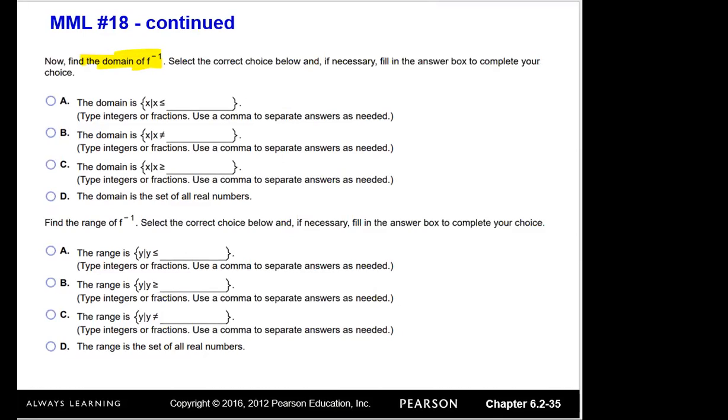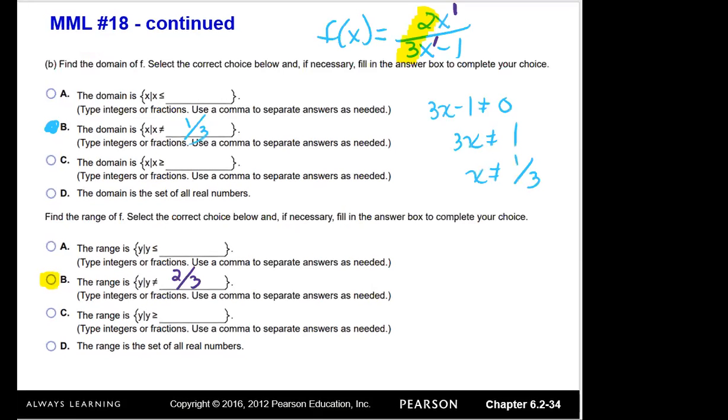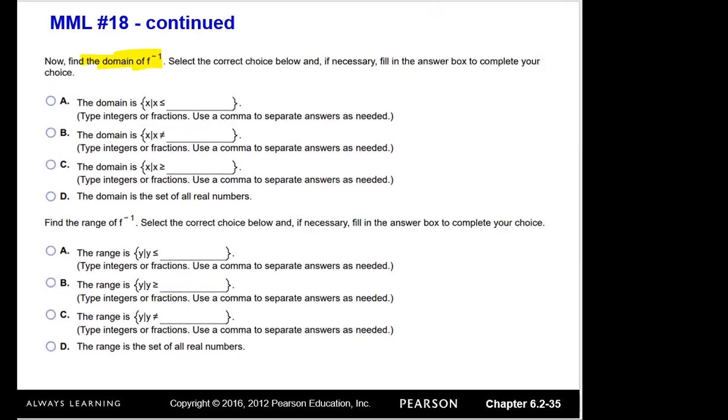So the domain of the original function is now the range of the inverse. And the range of the original function is now the domain. So back here where I had the 2/3 for my range, that's now the domain. So I'm going to click on choice B and say x is not allowed to equal 2/3.